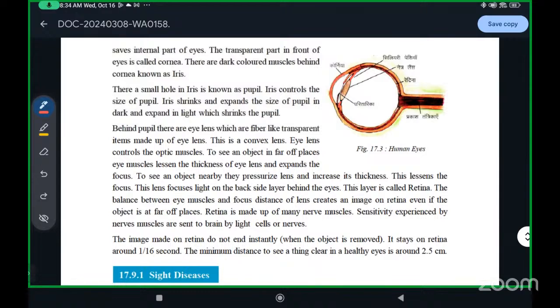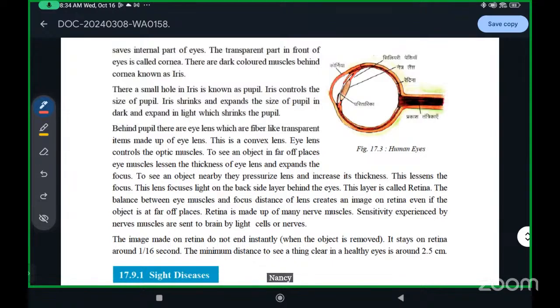To see an object nearby, the muscles pressurize the lens and increase its thickness. This lessens the focus. The lens focuses the light on the backside layer behind the eye. This is called the retina. The balance between eye muscles and focus distance of the lens creates an image on the retina.